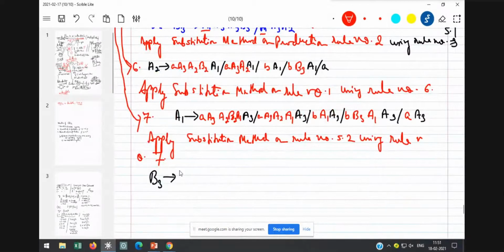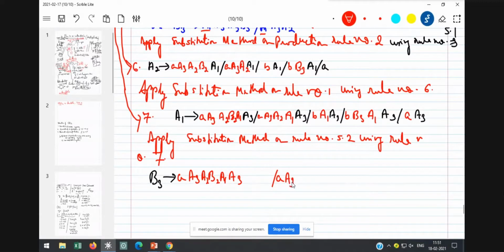So let me write the A1 values from this: terminal A, non-terminal A3, non-terminal A2, non-terminal B2, non-terminal A1, non-terminal A3, and then I need to leave some space.